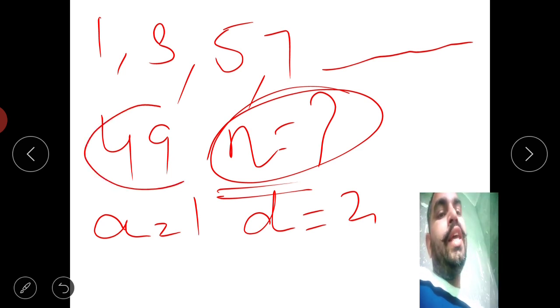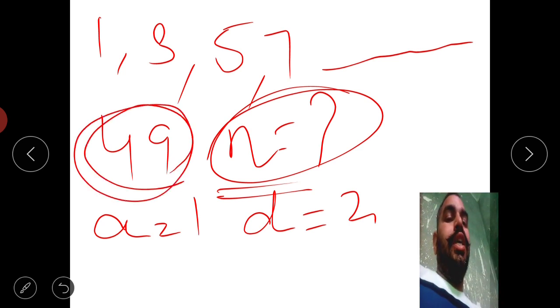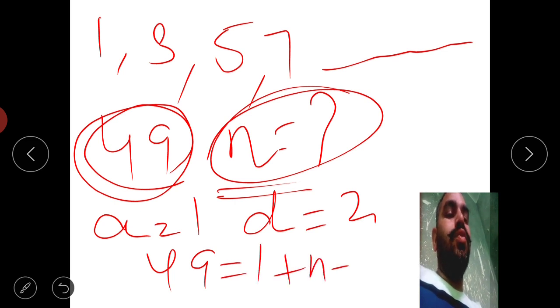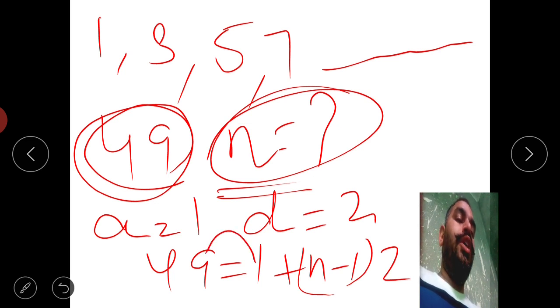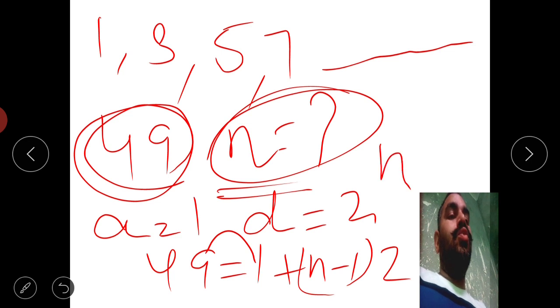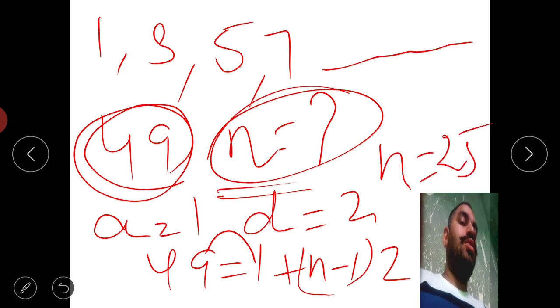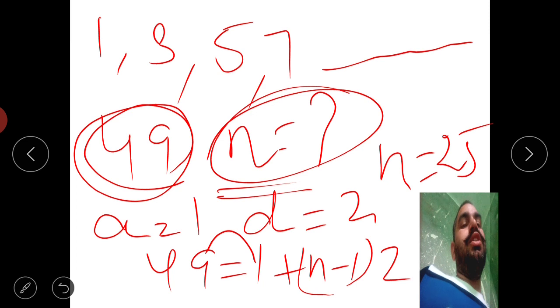Take 49 as the nth term. 49 is equal to a, 1, plus n minus 1 into d, which is 2. So transpose this: 48 divided by 2 is 24, 24 plus 1, n is equal to 25. Are you getting it or not? So with n as 25 you can find out the sum of these terms.